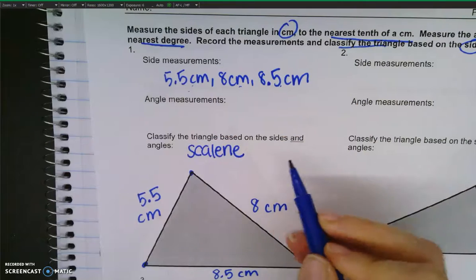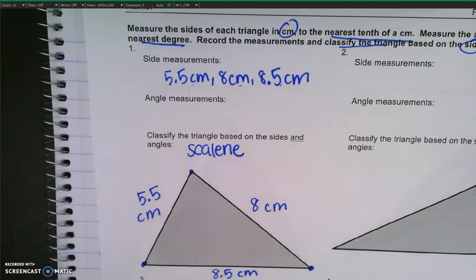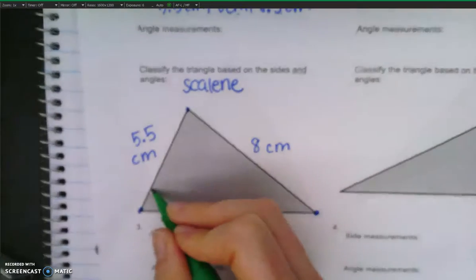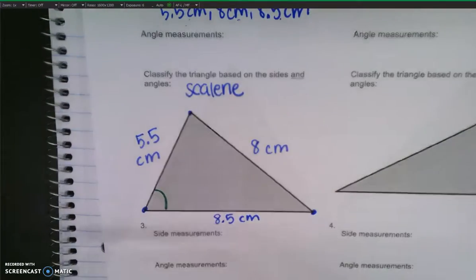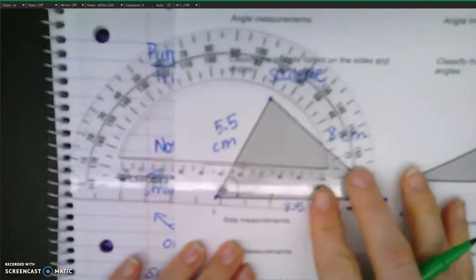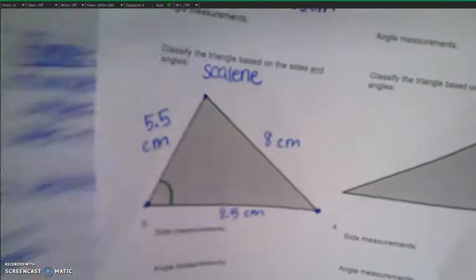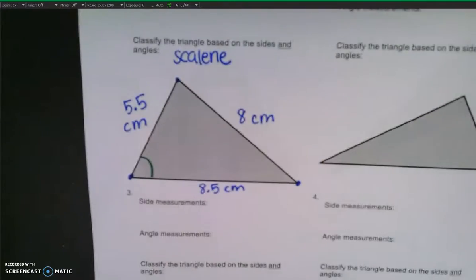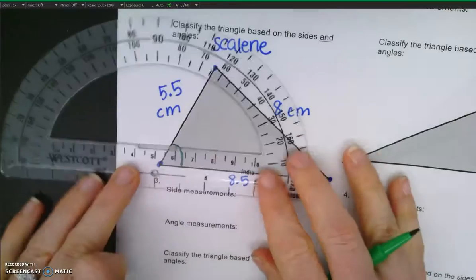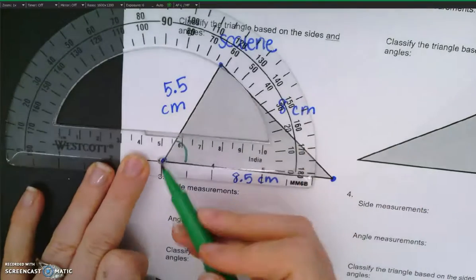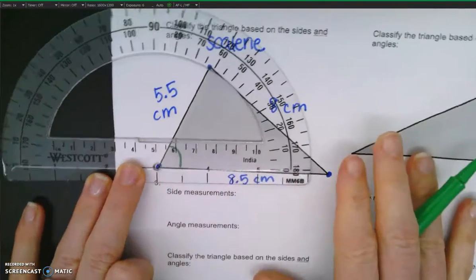But now I need to check out, what about the angles? So I'm going to grab my protractor, and I'm going to start with this angle right here. I'm going to line up the vertex of my angle with the hole in the center of my protractor.